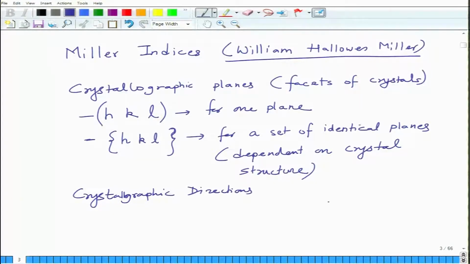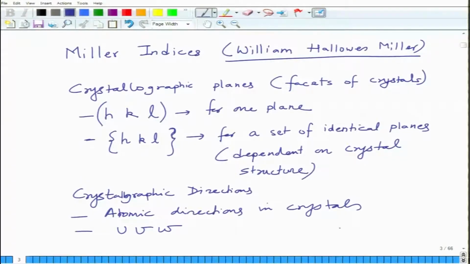The second thing is crystallographic directions. Crystallographic directions are various atomic directions, so you can say atomic directions in a crystal, and these are depicted as u, v and w.